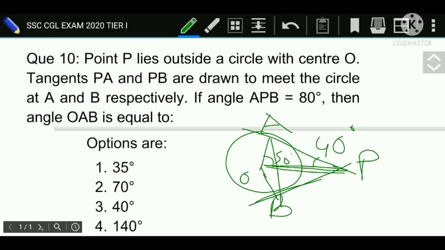So the angle OAB is 40 degree. So the correct option is option number 3. That way we can solve this question.